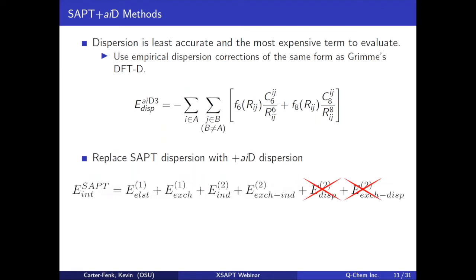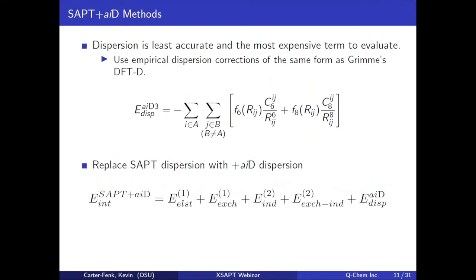So we don't even compute those because they're costly and have large errors. And we still retain a term that can be interpreted as SAPT dispersion, but these empirical dispersion potentials are effectively free relative to the SCF calculations that need to be done, and they're more accurate than second order SAPT dispersion.